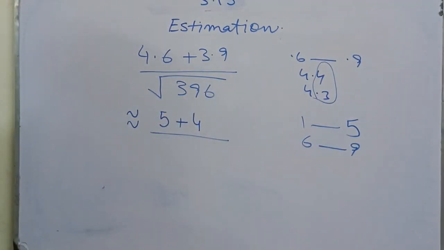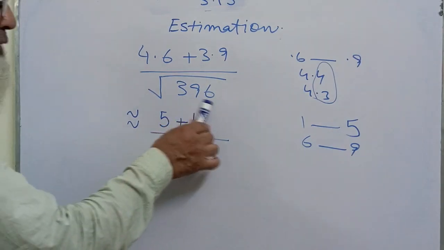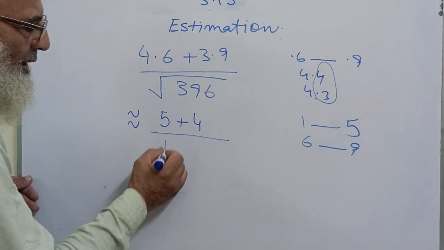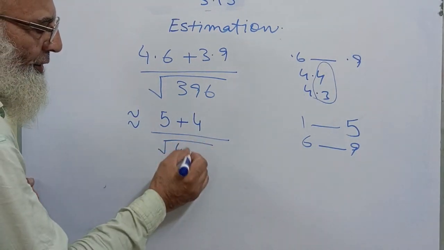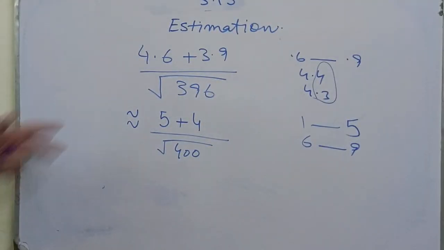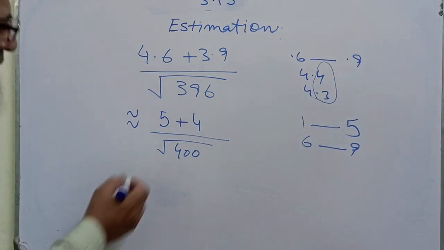So it is 396, and we will just add 4 from our own side to make it 400. You see, it is getting easier now.